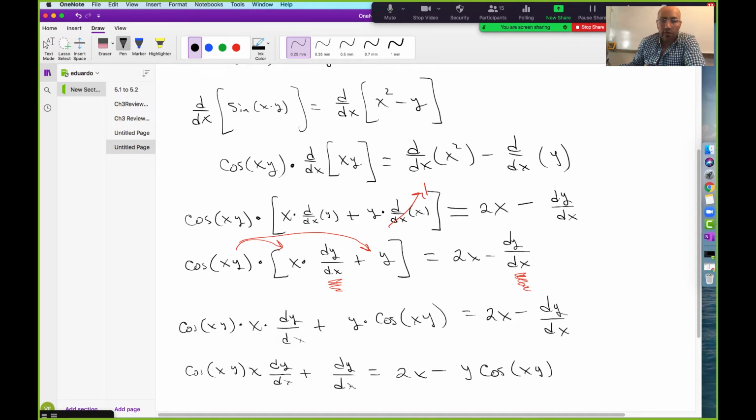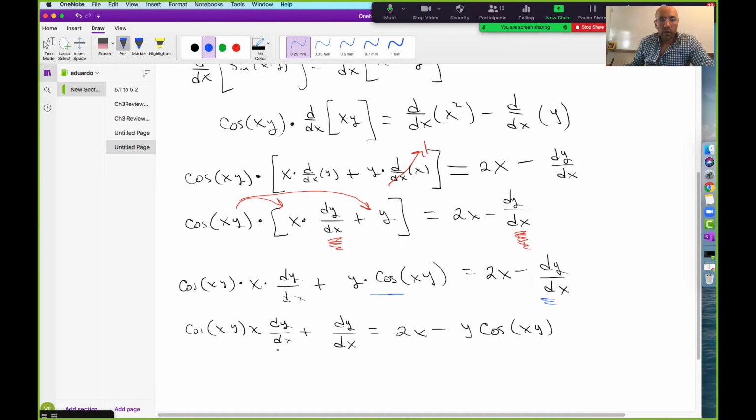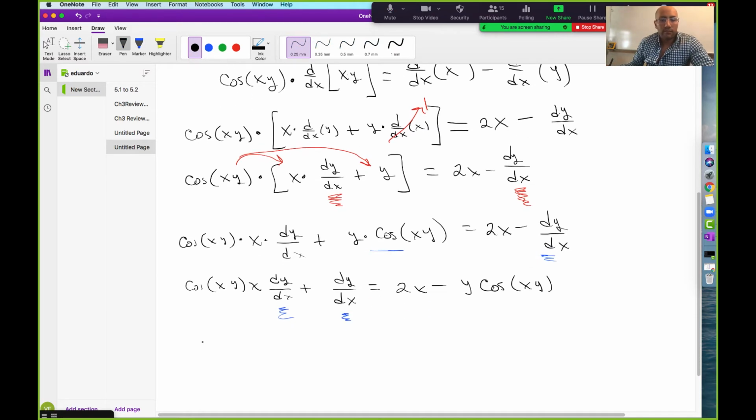Is that clear? All I did is I took this term and moved it over here, and then I took this term and moved it over there. Why did I do that? Well, now I want to factor out these terms, and then eventually I'll divide. So if I factor out the dy dx, we'll end up with dy dx, parentheses, cosine of xy, and there's another x.